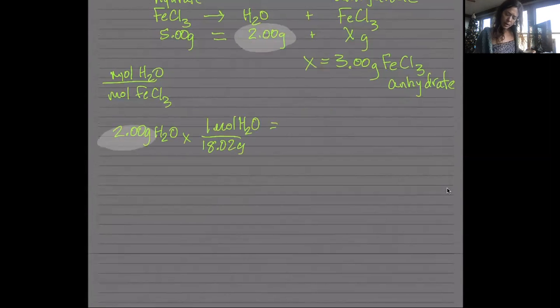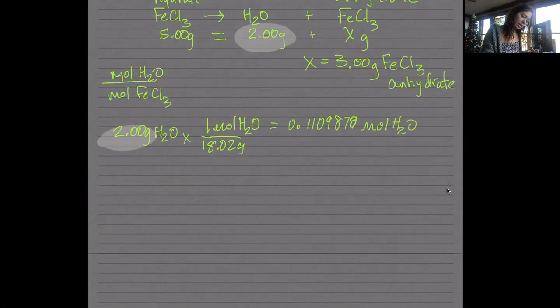So I've got 2.00 grams of H2O, I know that there are 18.02 grams in every 1 mole of H2O. All right, 2 divided by 18.02 equals 0.1098779. Those are all big numbers. Let's just go 0.11 moles of H2O.